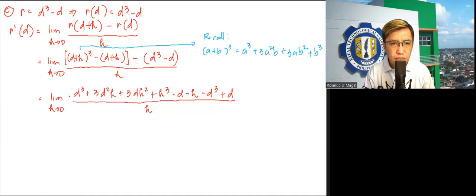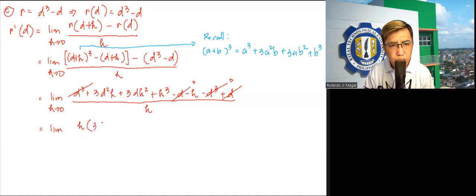Okay? We can cancel out d cubed as this is 0 already. What else? We can cancel out d. This is 0 already. Okay? So what remains is 3d squared h. We have here the limit of 3d squared h plus 3dh squared plus h cubed minus h. So the common factor is h. We can factor out h.